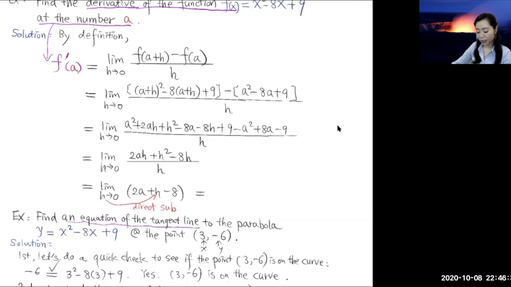Everything in the numerator is divided by h, which simplifies into this. Now over here, A is a temporary constant and h is changing, so substitute h to be 0 here. You get 2A minus 8. So the derivative of the function at A is 2A minus 8.